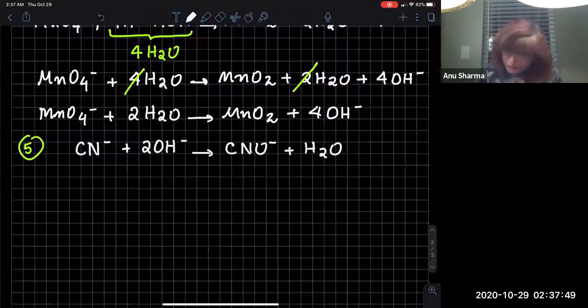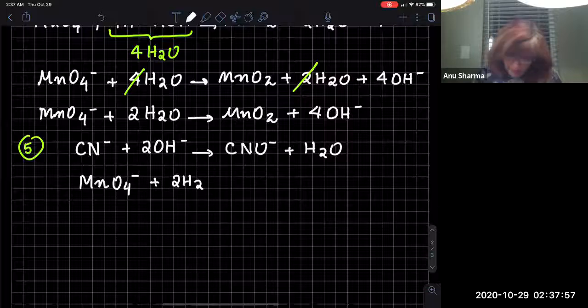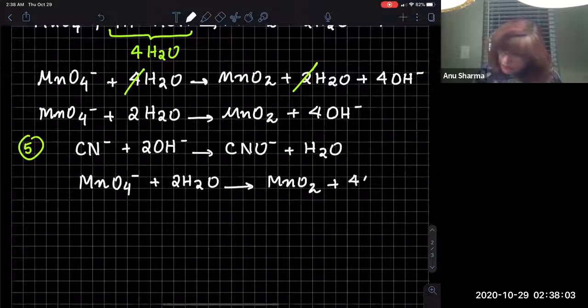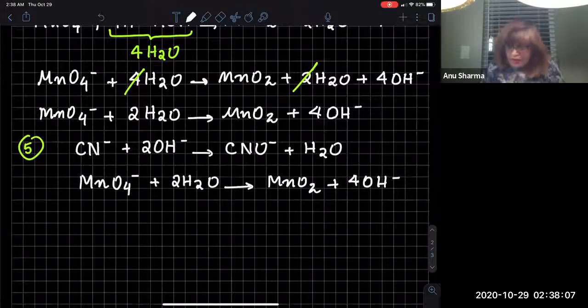Next we're going to write down our other half, which is MnO4⁻ plus 2H2O, and this is giving you MnO2 plus 4OH⁻. All right, now balance the number of electrons.